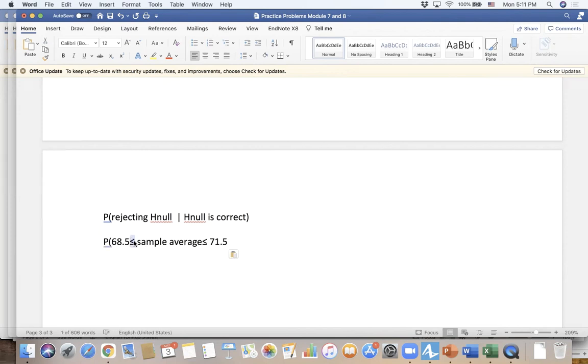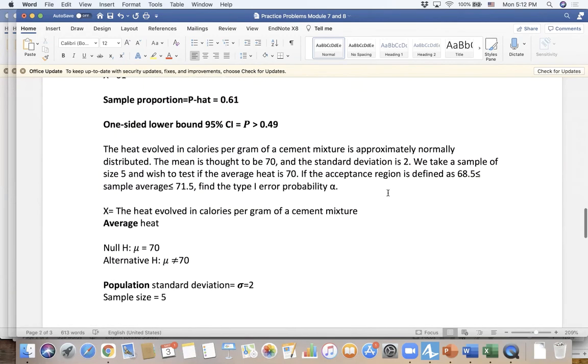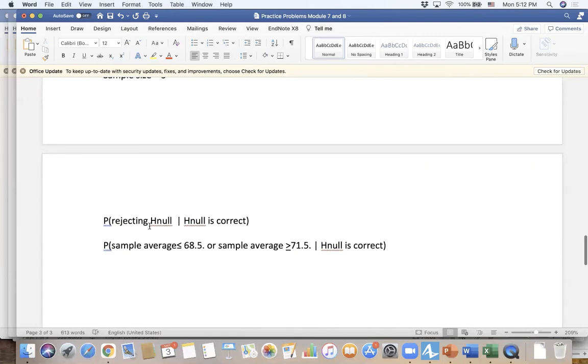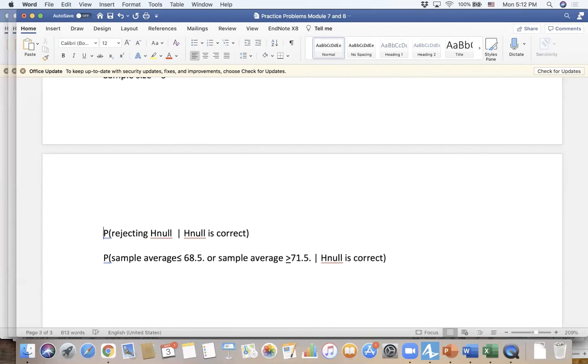Acceptance region is where we are not rejecting H null: the sample average is between 68.5 and 71.5.